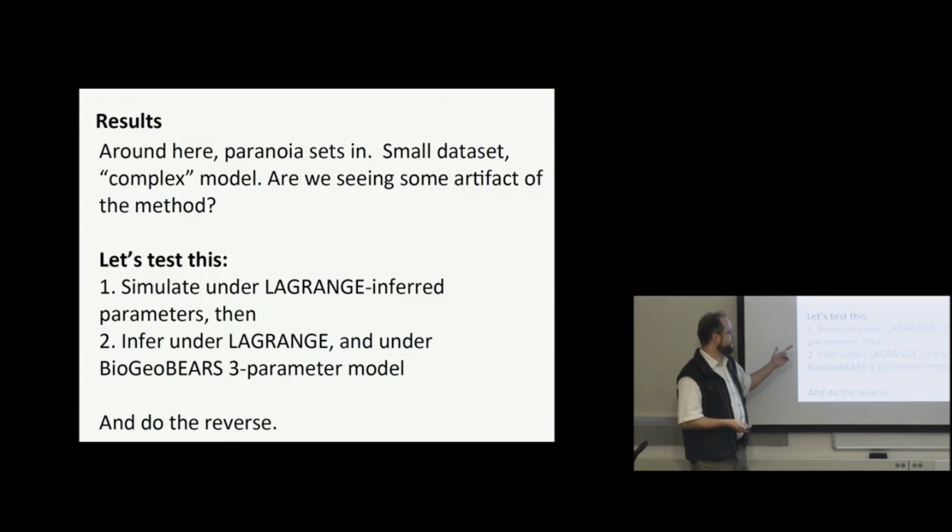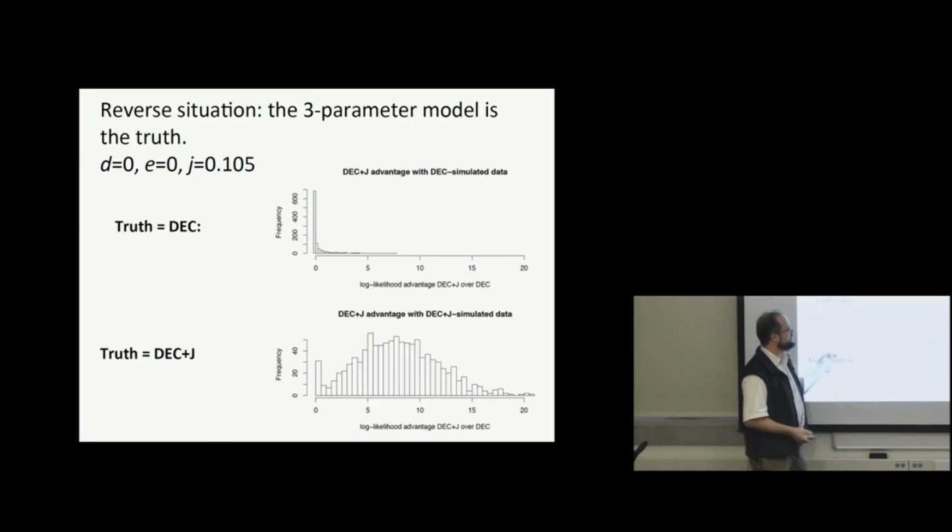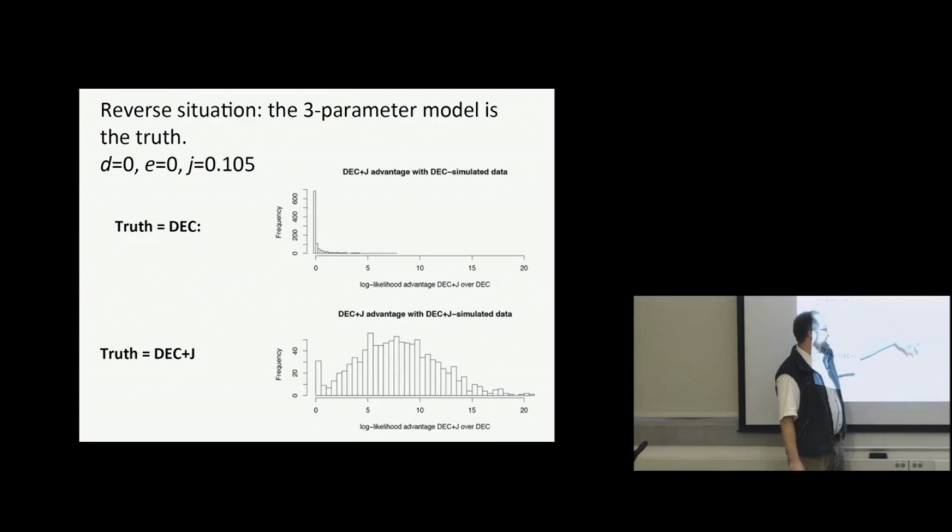So I ran some simulations under the 2 models and then did inference under the 2 models to see how these things work. So if you take the DEC model and run inference under DEC, under Lagrange, and then do inference with DEC plus J, the more parameter-rich model will always do a little bit better in log likelihood.